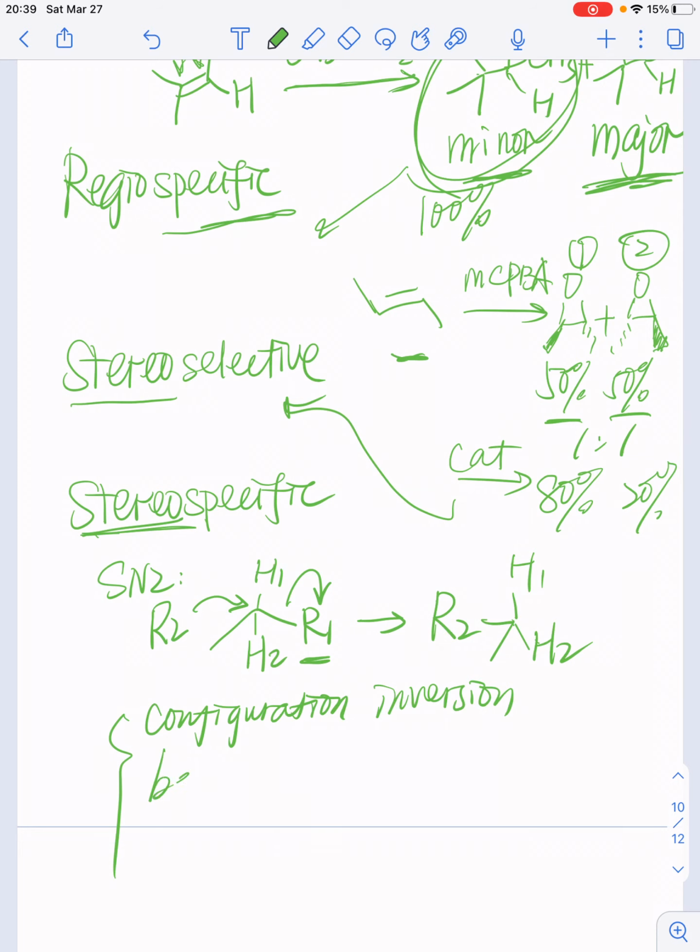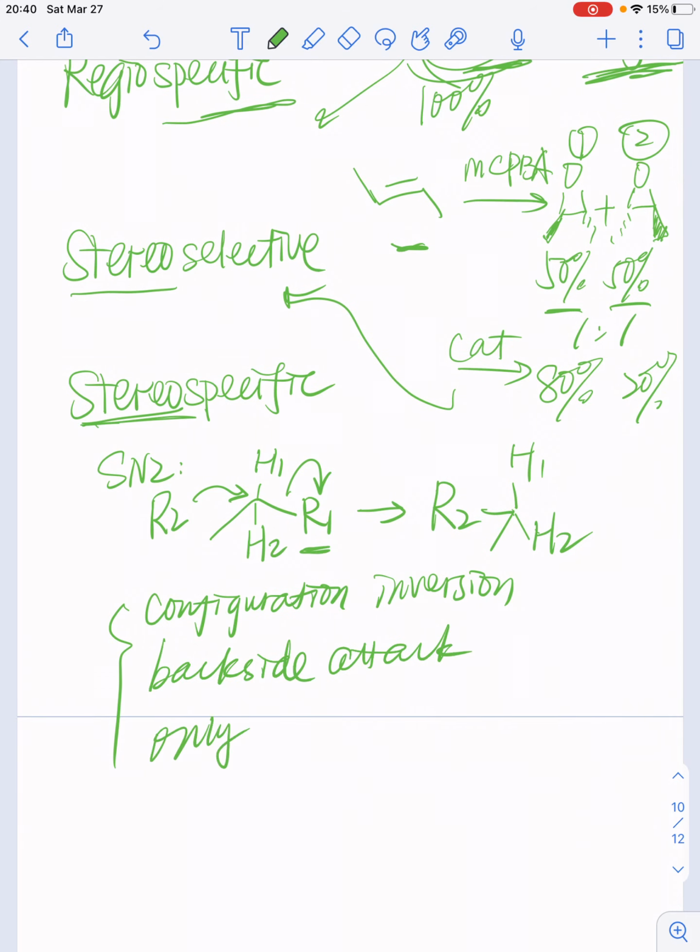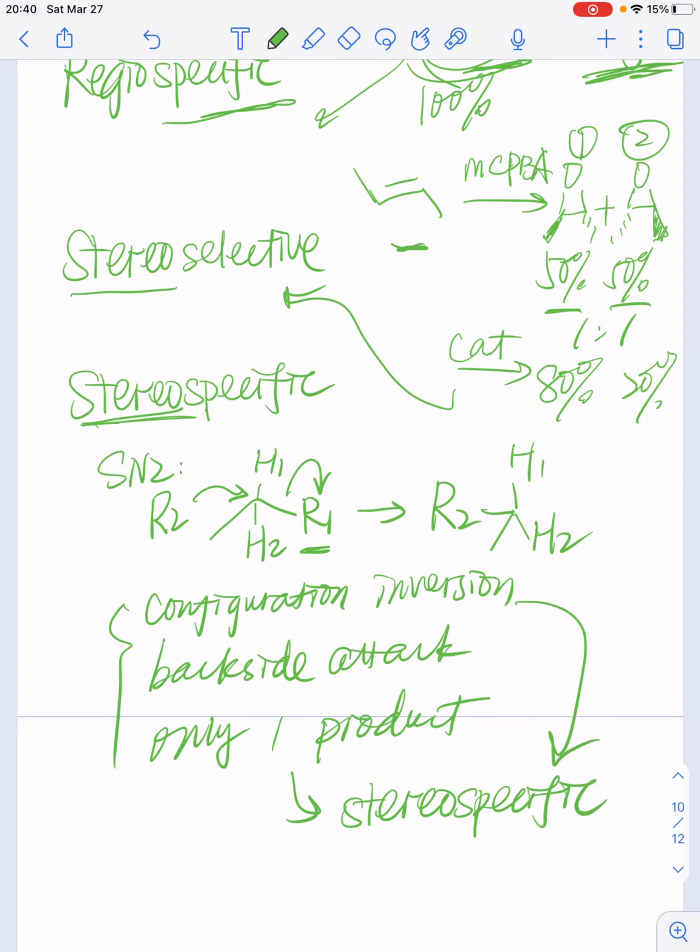We have a backside attack and only one product, which renders it stereospecific. If in a reaction you only produce one stereoisomer, then we call this reaction stereospecific.